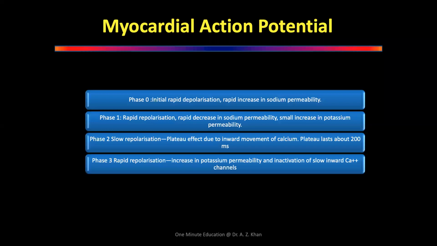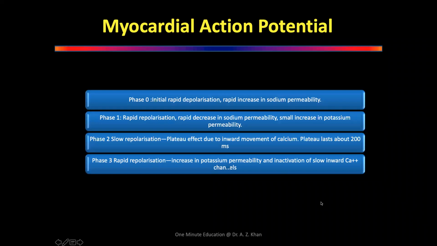Phase 3 is rapid repolarization, and repolarization means the positive becoming negative. Depolarization means negative becomes positive. In a rapid repolarization, suddenly there is an increase in potassium permeability. So first there was sodium, then there was calcium, and now there is potassium.